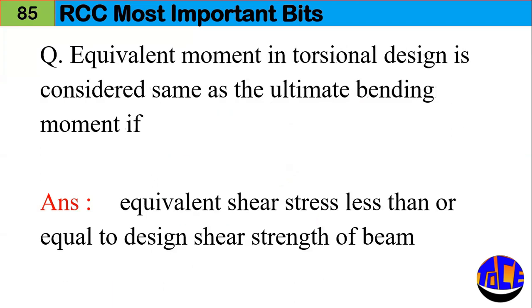Question number 85. Equivalent moment in torsional design is considered same as the ultimate bending moment if. So when will the equivalent moment ME be considered equal to the ultimate bending moment?